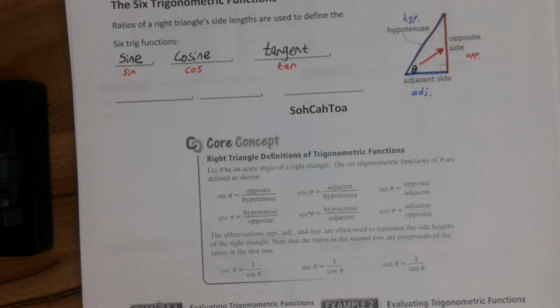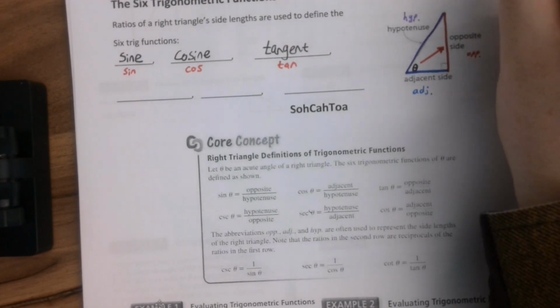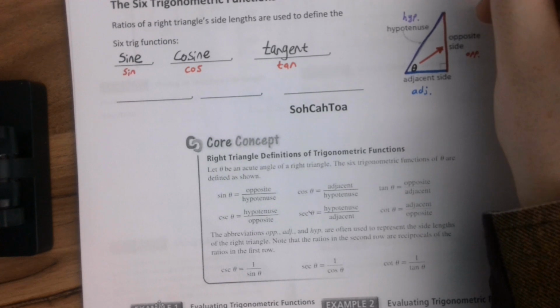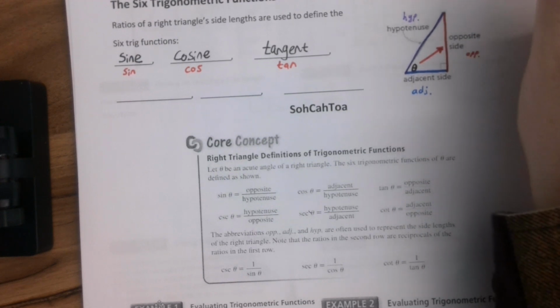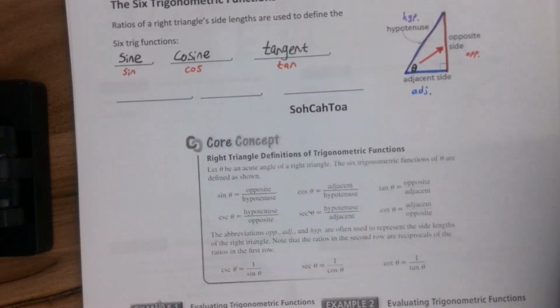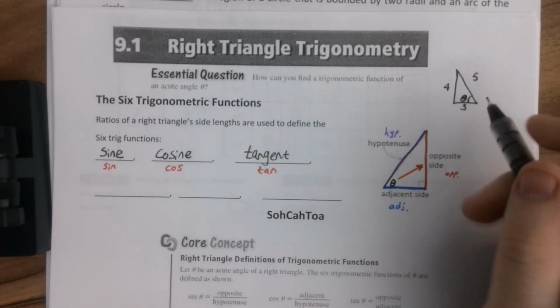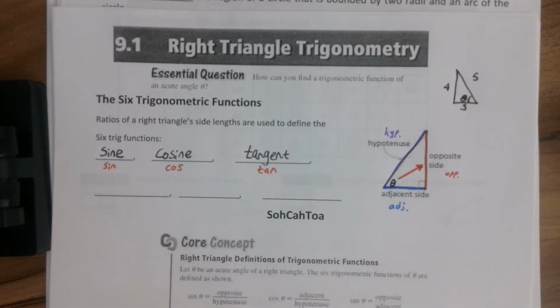So if we have a triangle, let's say we've got a triangle that has side lengths 3, 4, and 5. And let's call this angle theta, right here. In this, we could find a couple of different relations.